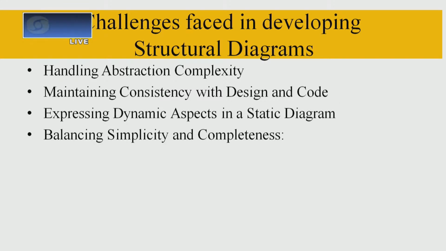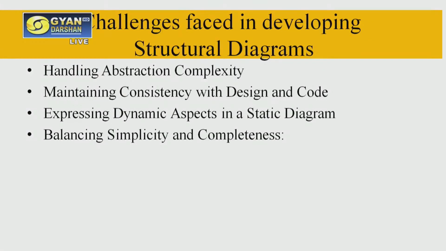If the system is complex, you have to study the different diagrams very carefully, and whenever there is a change in the need or a modification in the requirement or functionality, you have to change your diagram accordingly. And maintaining consistency between the available design and the final implementation of the code is obviously a very big challenge, that is, how the 100% mapping from design to coding is happening.